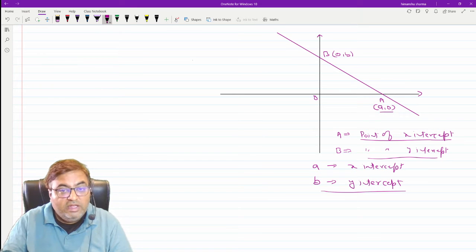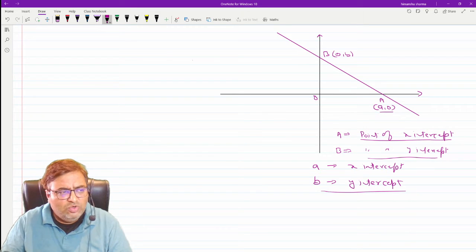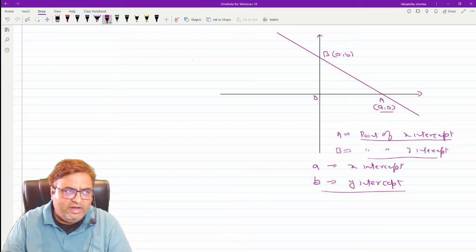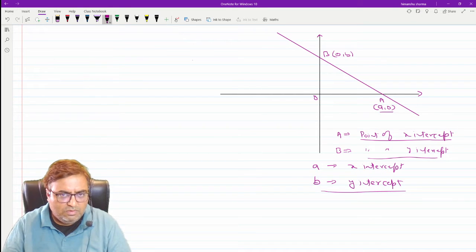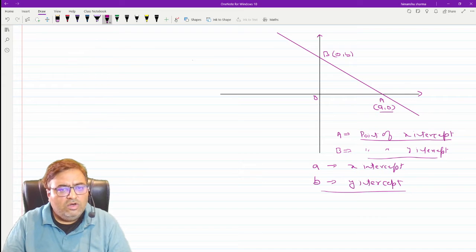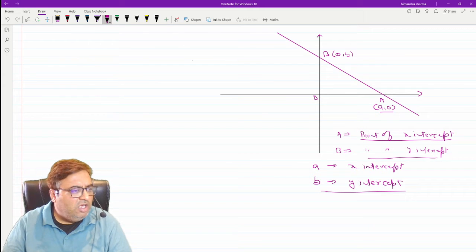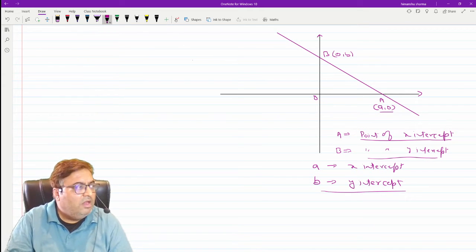Right now it's the ordinate; if the ordinate was b, therefore the intercept will be b. If you name it c or anything else, it can be that also.